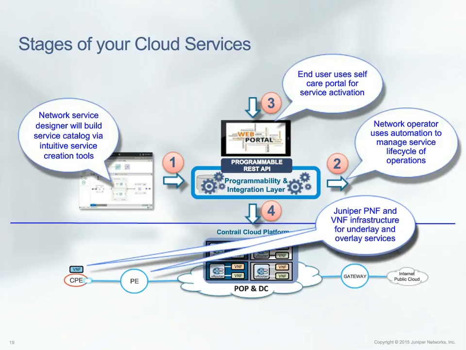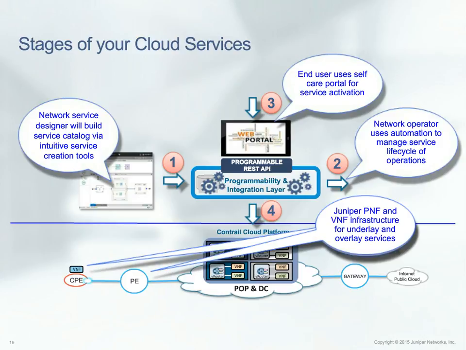Then we get to step number 2, which is, well, I've got the service catalog built up now. How do I begin to operate and manage and automate the delivery of that service to the end customer? And this really begins the engagement of the entire service lifecycle management process and the tool sets to construct that.